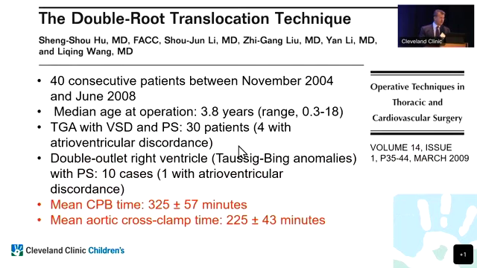So when we move on a little more, the double root translocation. Now, the Nikaido just translocates the pulmonary valve above, so the division is in the main pulmonary artery, not below the valve.